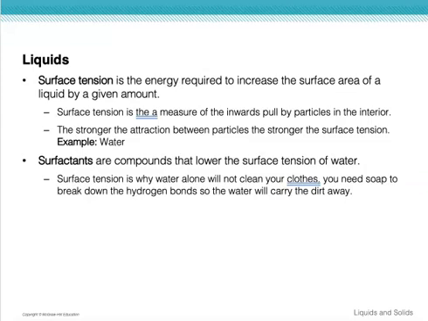So if something has a strong surface tension, the surface of it is really firm and can sustain pressure being put on it. If the surface tension is very low or very weak, if you tried to put pressure on it, you would go right into the liquid. This surface tension is affected by the attraction between particles. So the stronger the attraction, the stronger the surface tension.